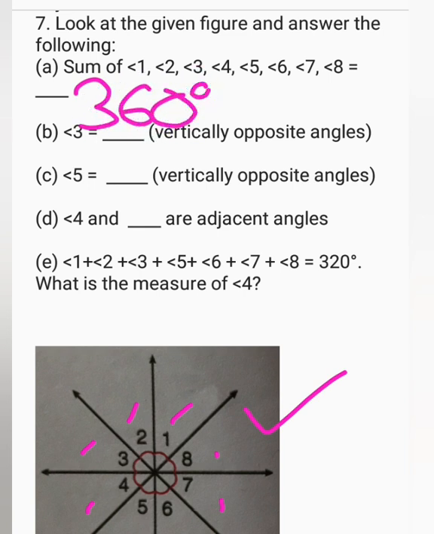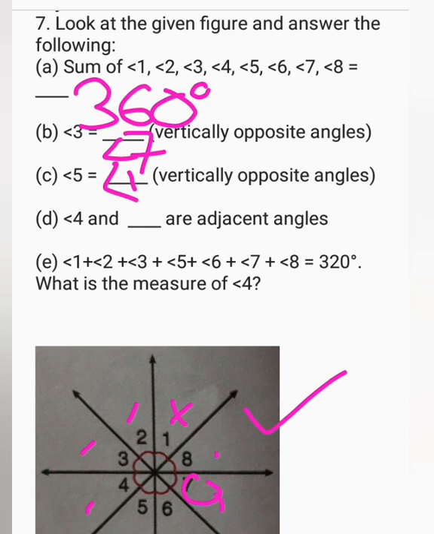Angle 3 is vertically opposite to angle 7. Angle 5 is vertically opposite to angle 1.